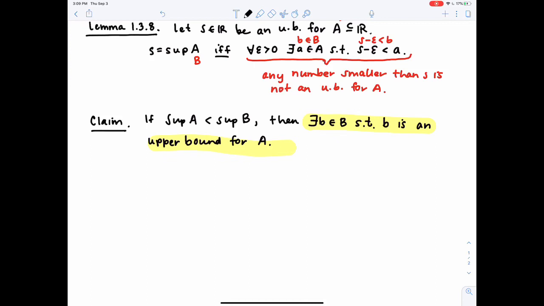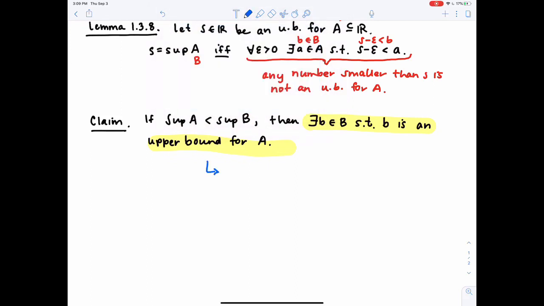What I recommend doing is, when you look at the conclusion of what you're trying to prove, first make sure you know precisely what you are looking for. So yes, we're looking for a b in capital B such that b is an upper bound for A, but what does that mean? I think it's important to write that out.